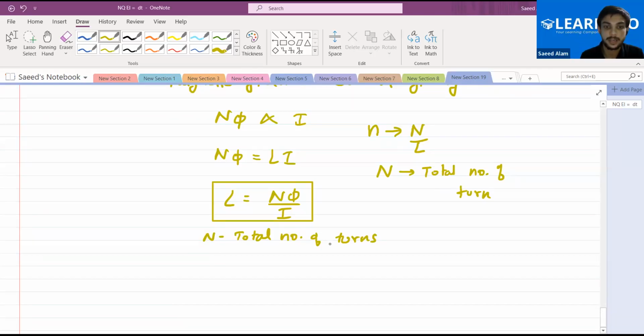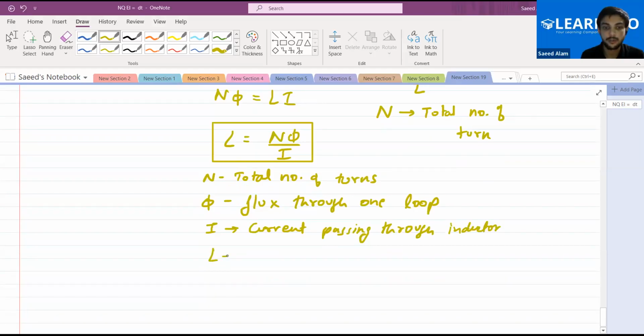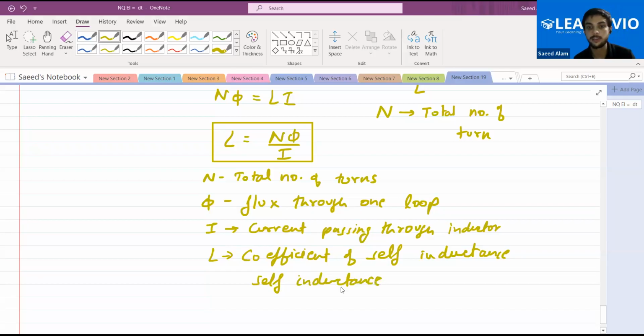So N is the total number of turns, phi is the flux through one loop, I is the current passing through the inductor, and L is the coefficient of self-inductance, or simply the self-inductance. Understood? Is this clear to both of you?